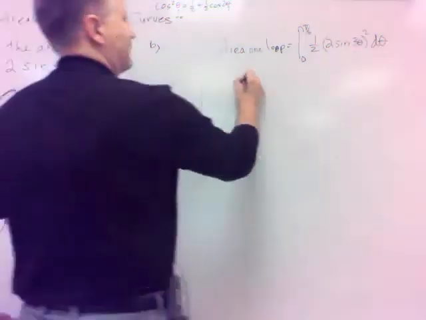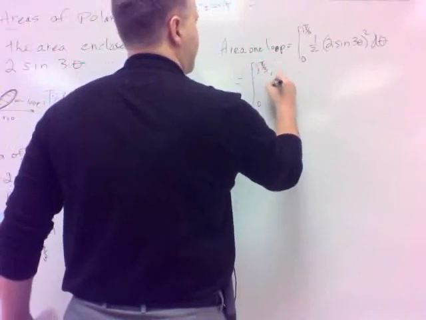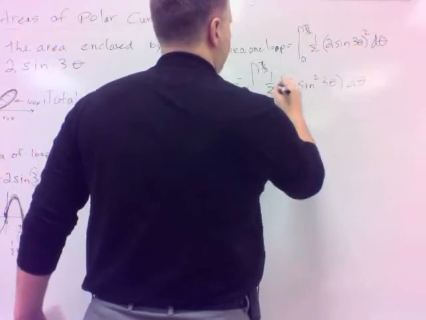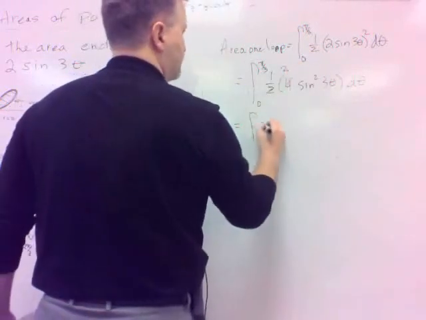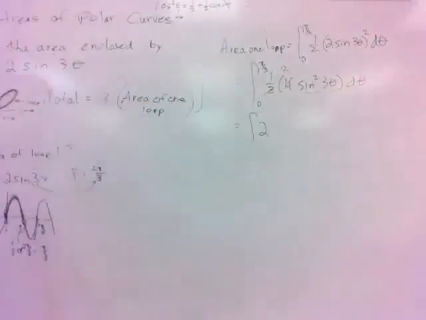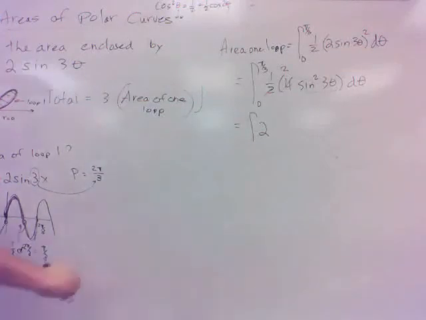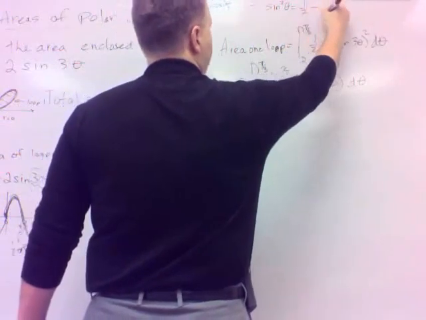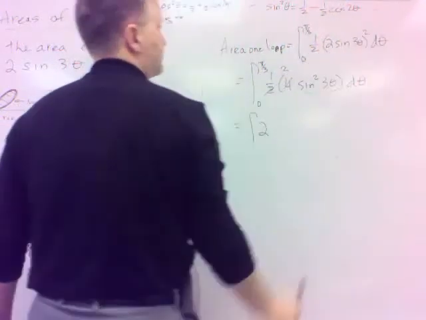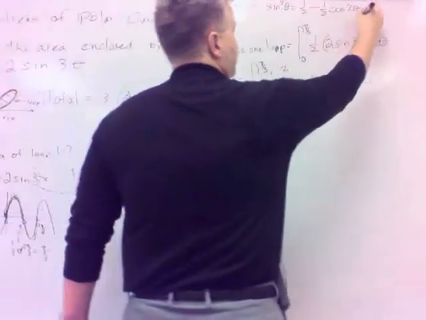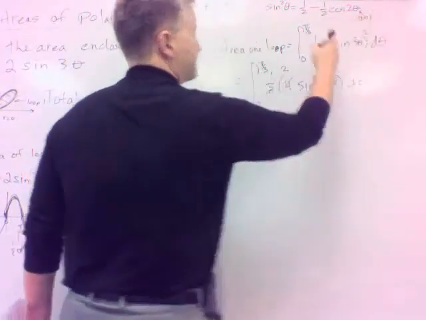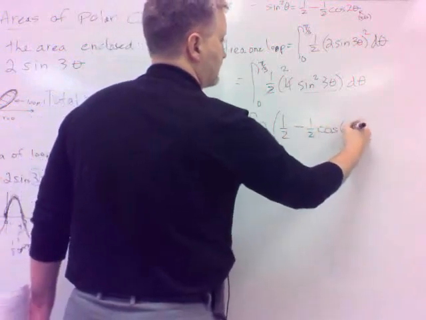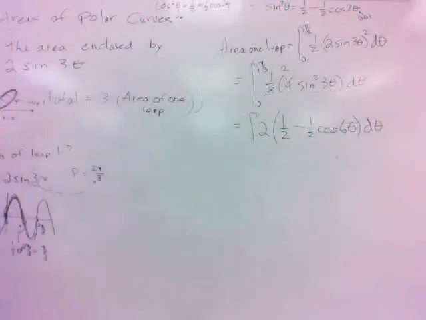Which is the integral from 0 to pi over 3 of 1/2 times 4 sine squared 3 theta. Square those both out. The 4 cancels, gives me 2, so it's the integral of 2. Now what am I going to do with sine squared? I'm going to use the sine double angle. Sine squared of theta would be 1/2 minus 1/2 cosine 2 theta. So with 3 theta instead of theta, that's going to be 6 theta. So it's going to be 2 times 1/2 minus 1/2 cosine 6 theta d theta, from 0 to pi over 3.